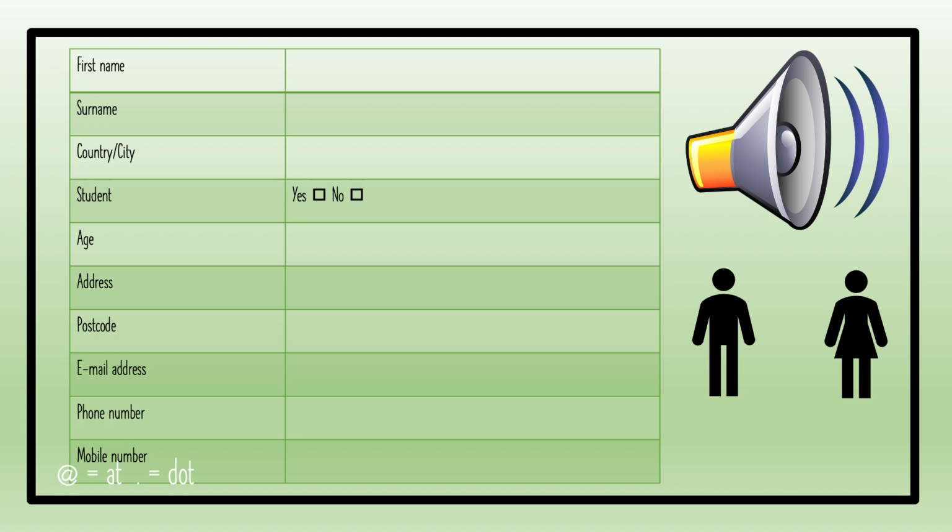I am from Italy, from Rome. Are you a student? Yes, I am. And how old are you? I'm 20. What's your address? In Rome? Yes. It's Via Foro 25. What's your postcode? Sorry? Is there a postcode? You know, a number. Oh, yes. It's Rome 00132. Great.